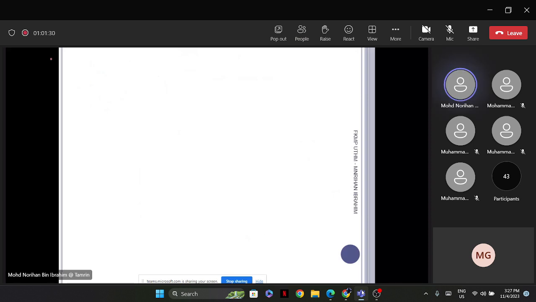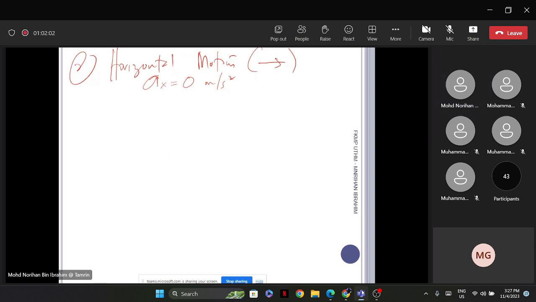So the next step is step 2. Consider horizontal motions. AX is equal to 0 meter per second square for the horizontal motions. So the basic equation, V is equal to V naught plus AT.